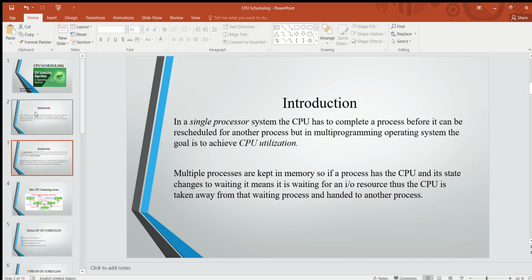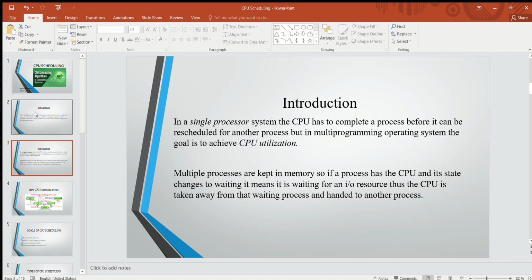We discussed CPU bursts. We have the CPU bursts and we have the I/O bursts. Through a process execution cycle, a process can go through multiple CPU bursts and multiple I/O bursts in between.